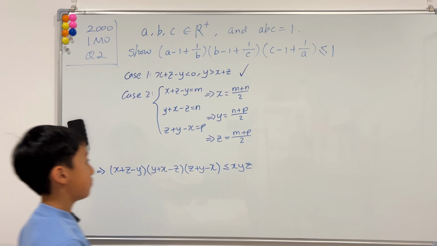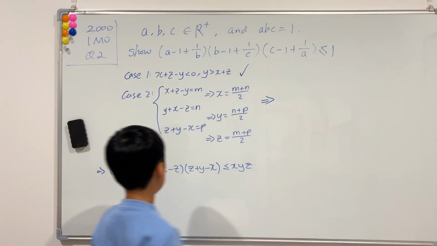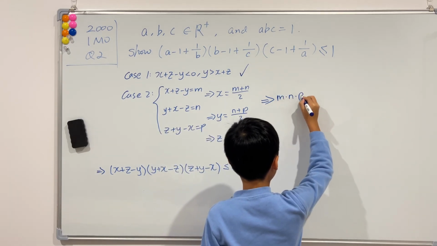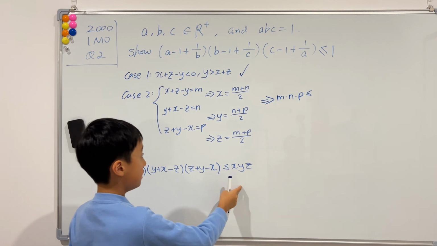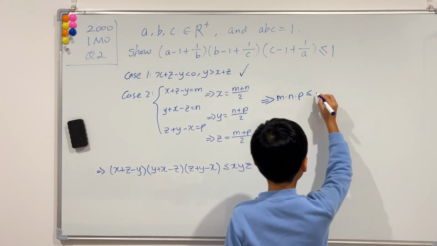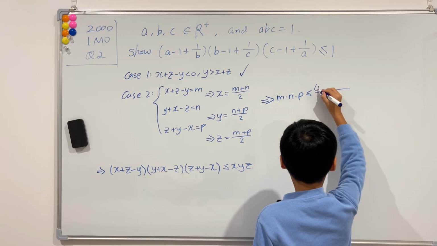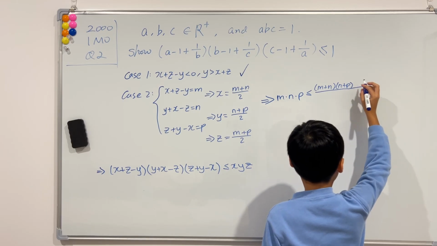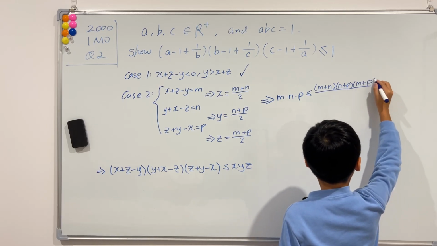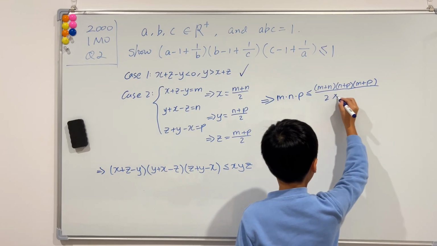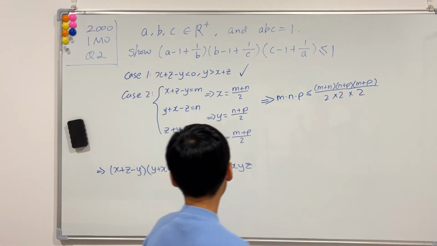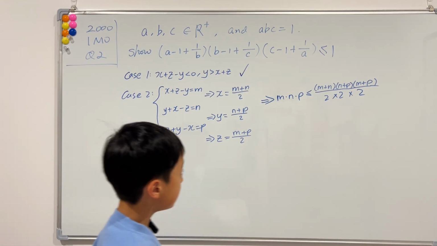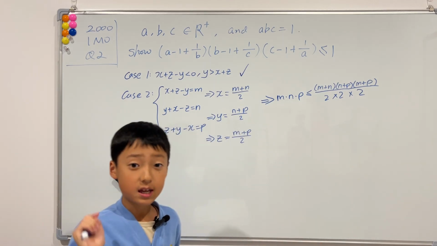So then we have to prove that m times n times p is less than or equal to xyz, which if we substitute it all in will be (m plus n)(n plus p)(m plus p), and then the bottom is 2 times 2 times 2. Okay. Well, now I'm going to split this up and use the AM-GM formula.